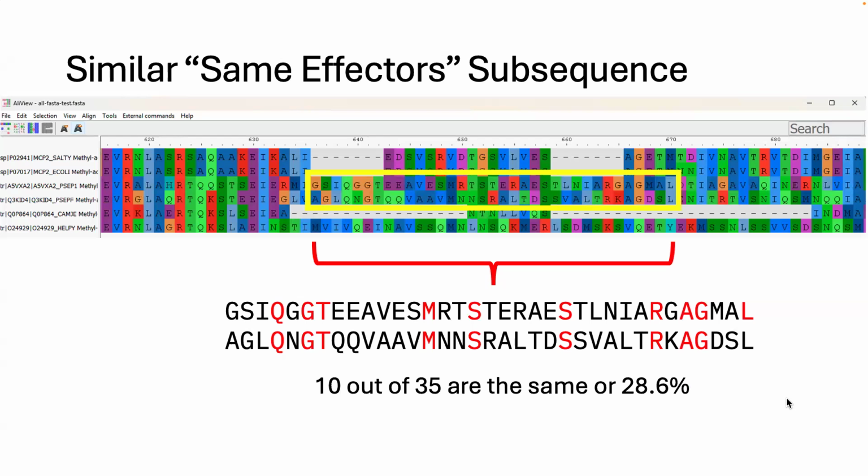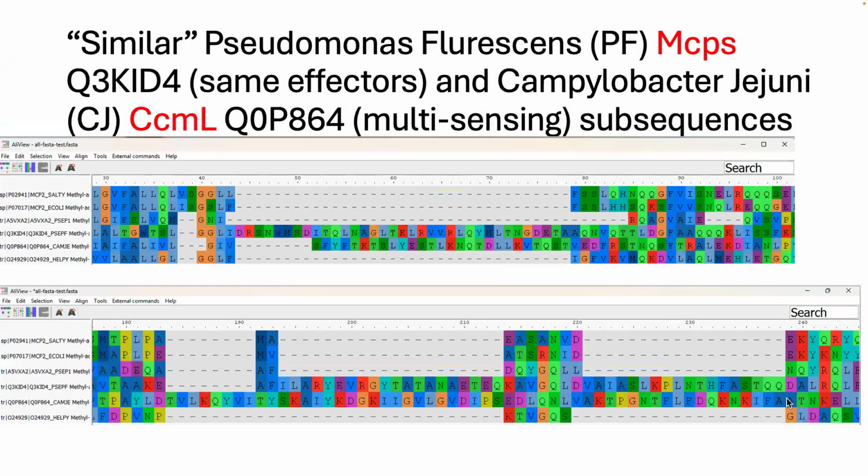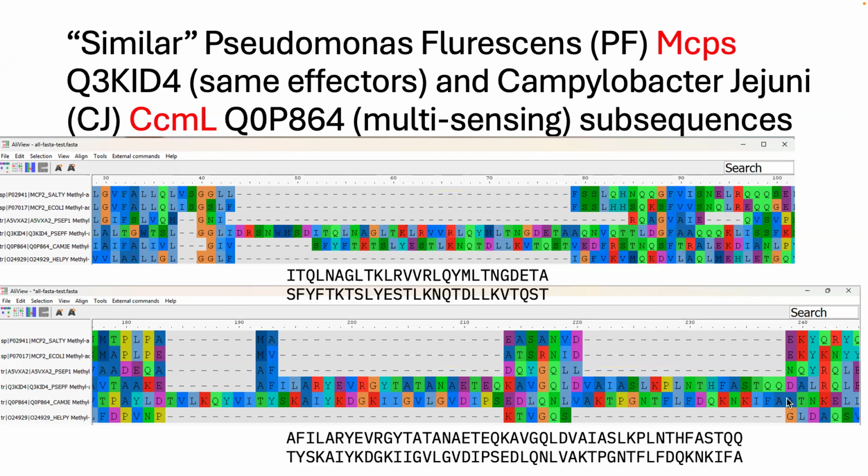It's only about 28% the same, and we can see the differences between those. And then just looking at it a little bit more for the quote similar PF and the CJ portions that were highlighted, you can get a chance to look at those sequences. Those are things that I'll be coming back to in a minute.